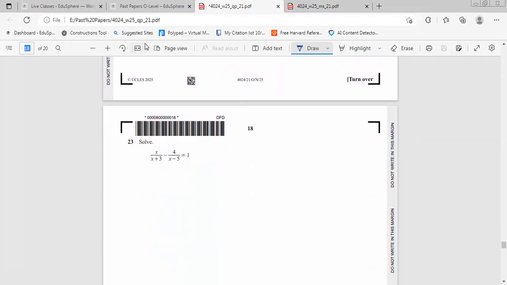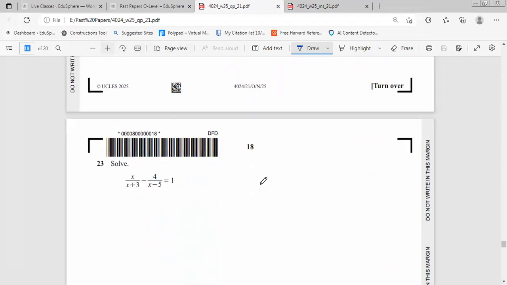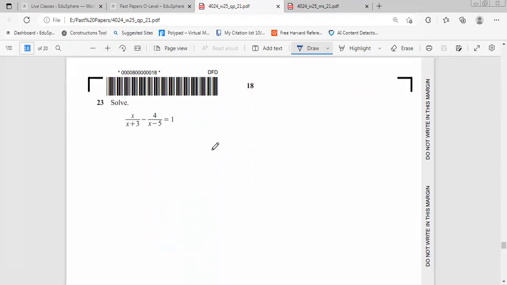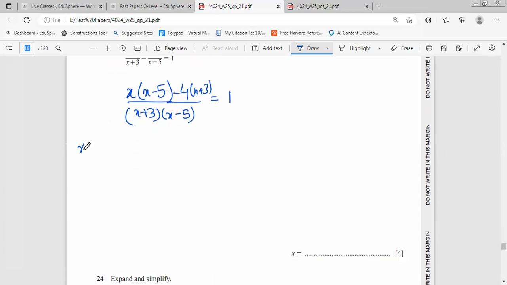Next question: now we have to solve this. Solving this means that first we take x plus 3 and x minus 5 to the bottom. We multiply x with x minus 5, and 4 with x plus 3. Expanding this, we get x squared minus 5x minus 4x minus 12, because the minus changes the sign, 4 threes are 12.